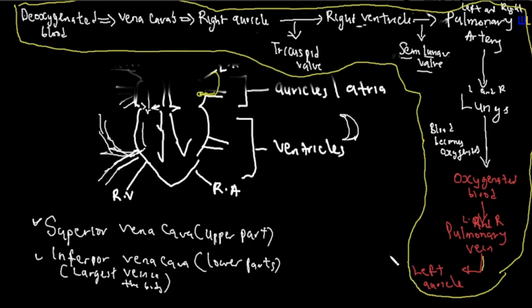You could write that the pulmonary circulation is basically the different mechanisms through which the blood becomes oxygenated by passing from the heart to the lungs.